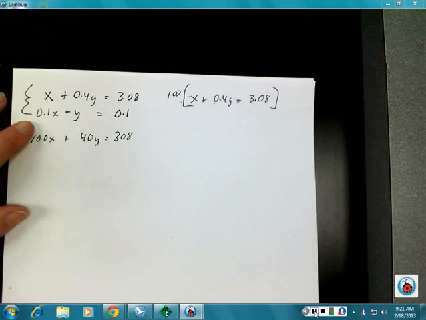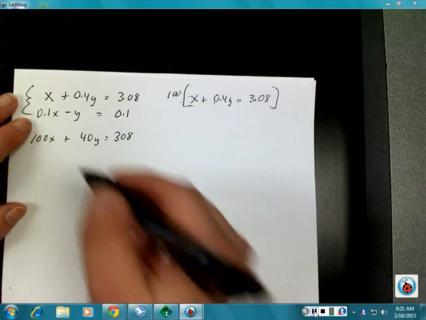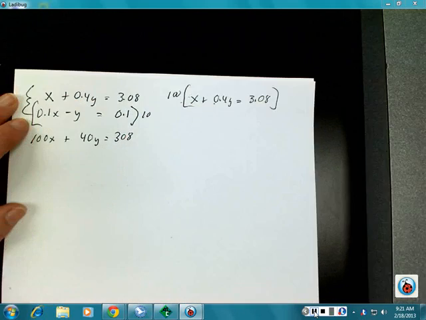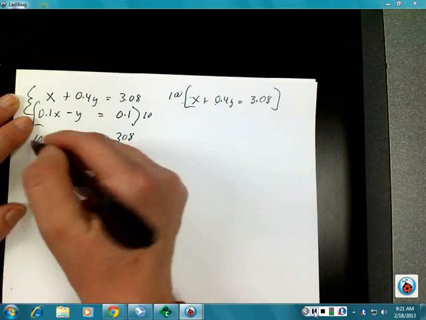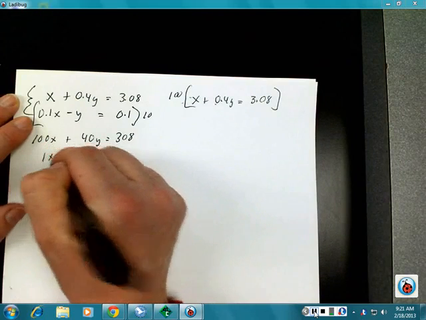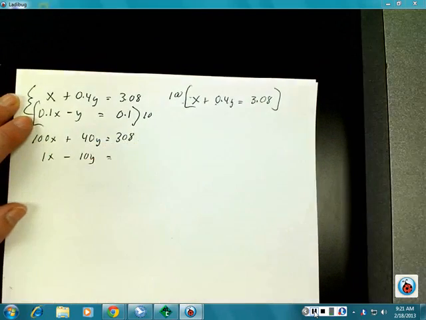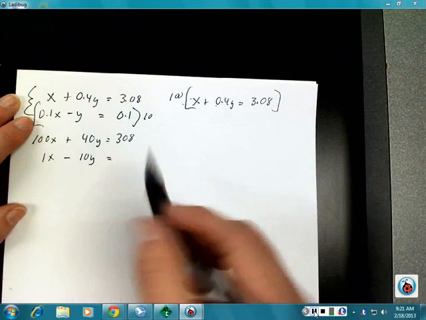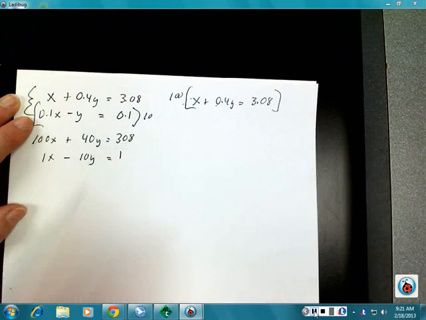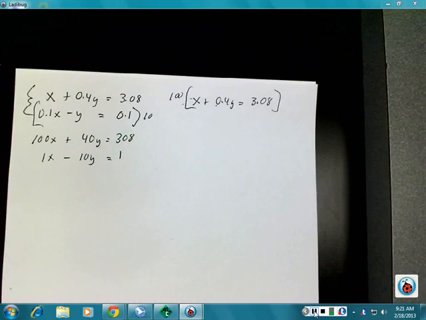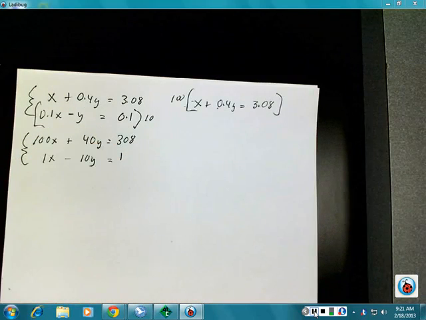And what about the bottom one? What does it get multiplied by? 10. 10 times this gives me 1x. 10 times y is a minus 10y. And 10 times that is 1. Okay, so now I've got it manipulated, so I have no decimals in it.